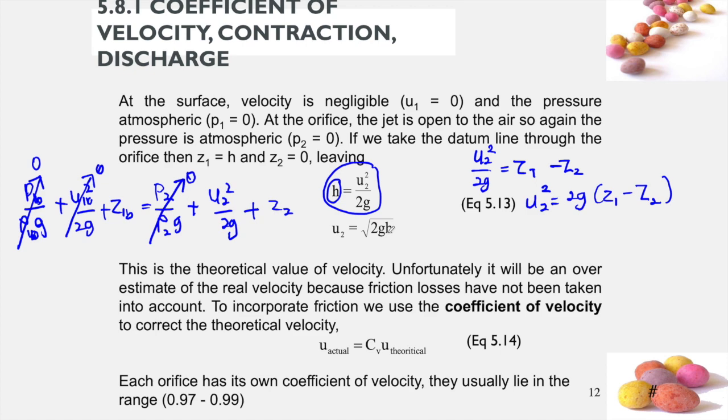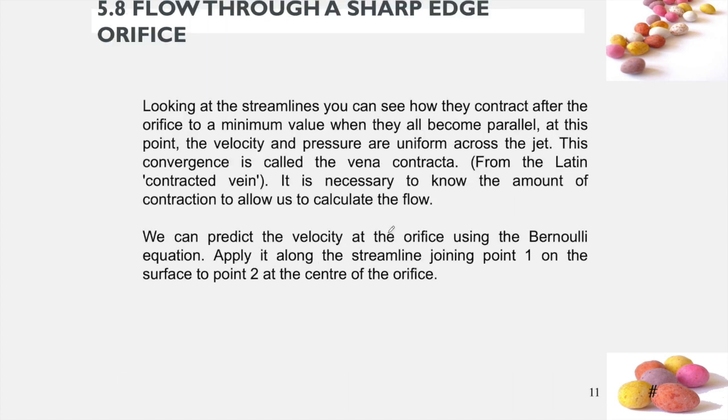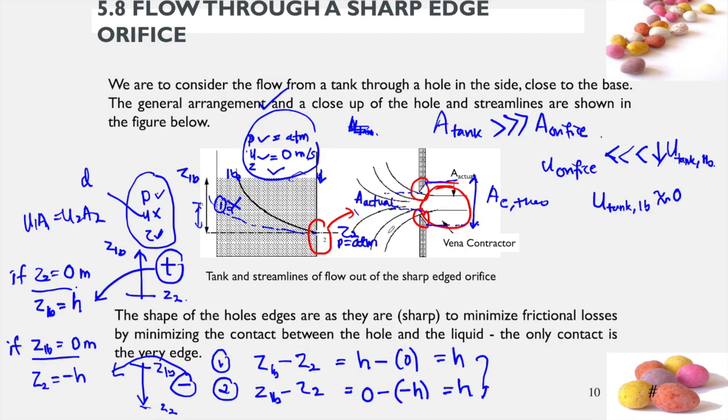But in the sharp edge orifice, we know that there will be a little bit of difference, because there will be a different area here. So we have A actual and A theoretical. The flow will flow on this area.